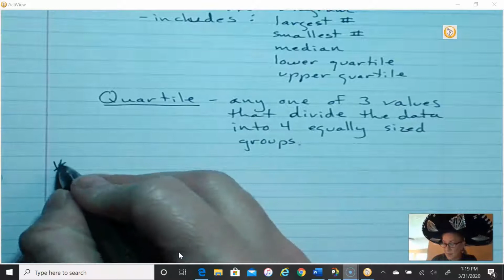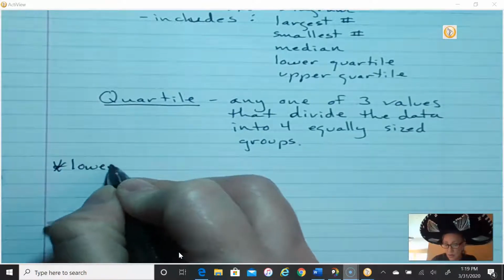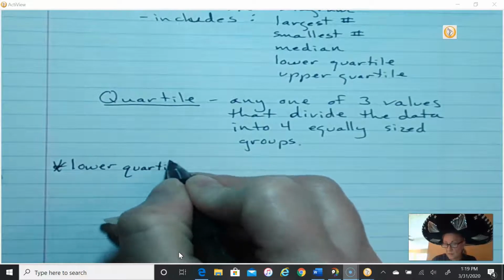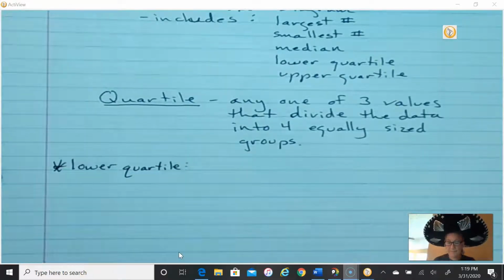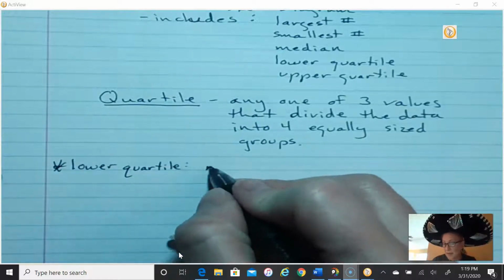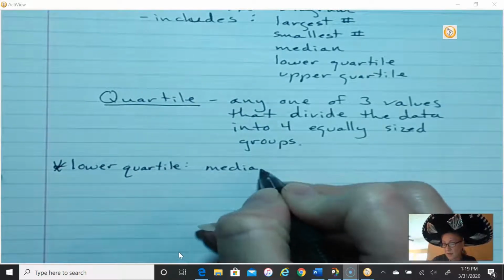For example, lower quartile. What you're looking for is the median. Remember we learned about that yesterday.